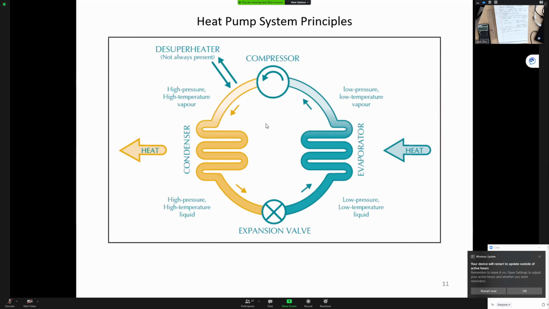The heat pump uses this latent heat of vaporization, so it can absorb lots of heat from this side and deliver it to another side, where it releases the heat.